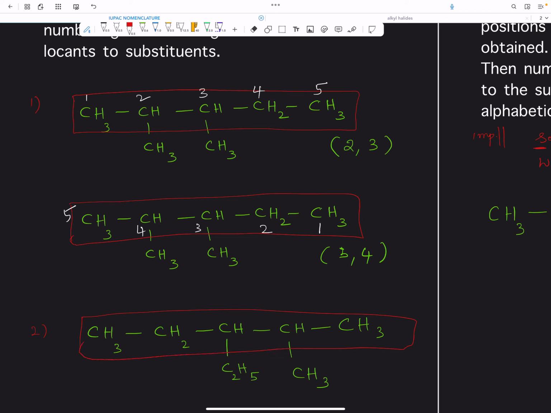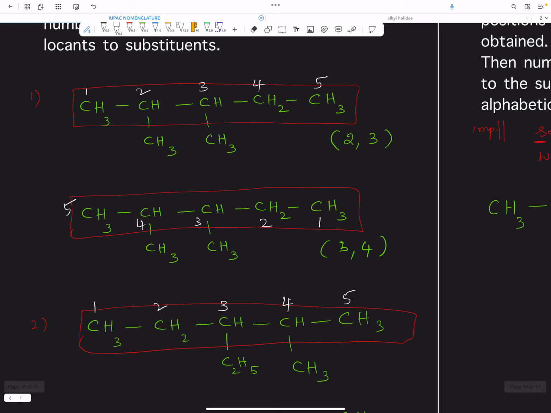Now give numbering in 2 ways: 1, 2, 3, 4 and 5. Let us give it in the opposite way: 1, 2, 3, 4 and 5. Now the set of locants in this direction is 3 and 4.